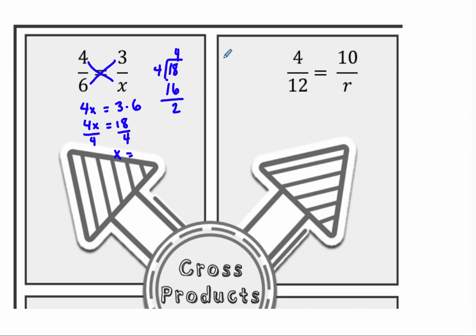We have 2 left over. Let's see, I'll do a decimal. Bring down that 0. 4 goes into 20 5 times. So my answer is x equals 4 and a half.